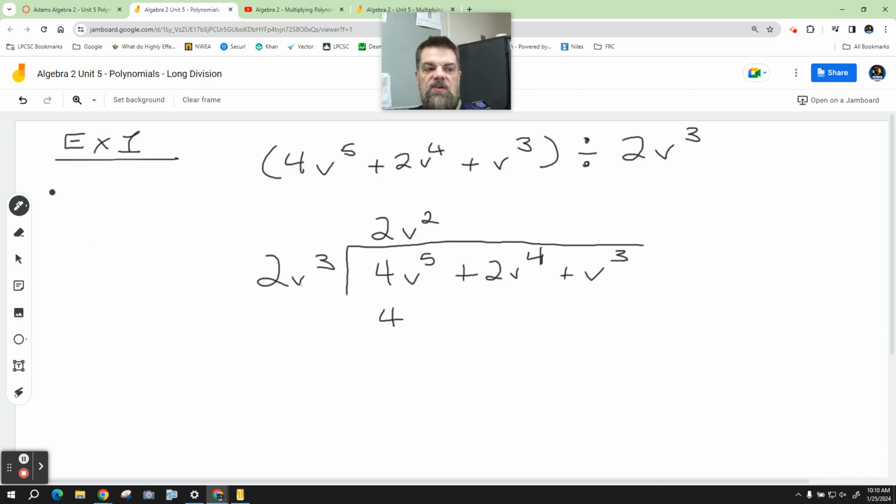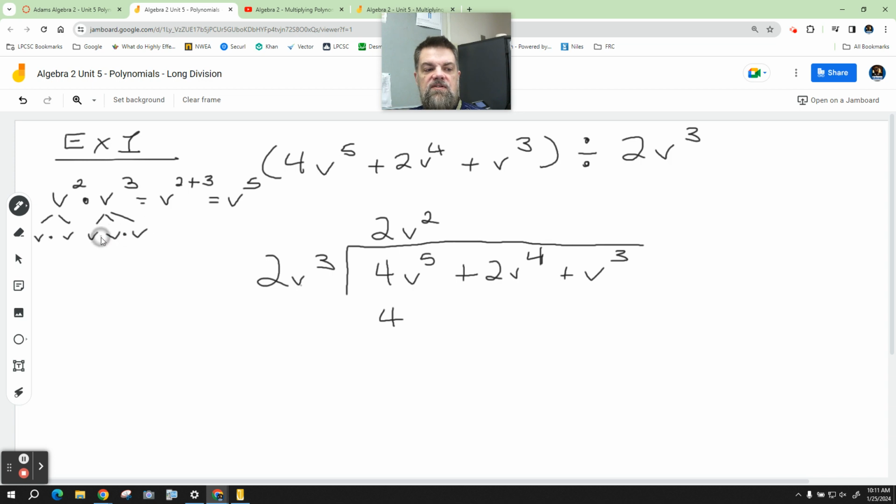What's v squared times v cubed? Now, you got to remember that v squared times v cubed is the same as v to the 2 plus 3. Remember the shortcut? You add those numbers, which is v to the 5th. And the reason we add them is v squared is v times v, right? What's v cubed? It's v times v times v.